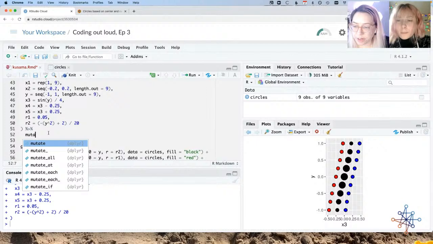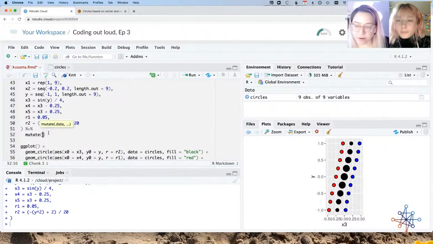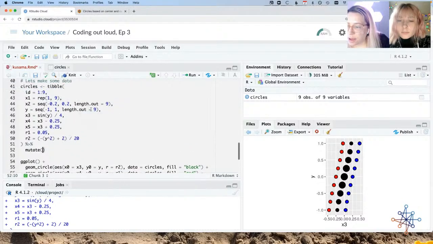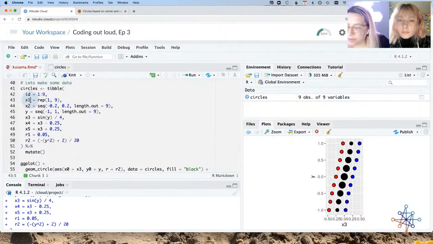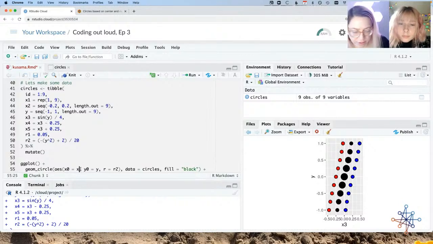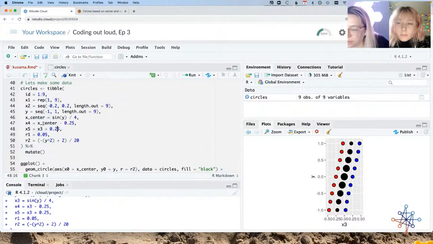So we're going to mutate our data. How about we give some better names now? The first layer, we called it X3, right? That's the one that we have in the middle. I'm going to call that X center instead of X3, so we know.